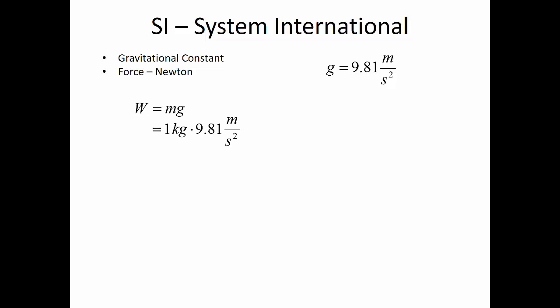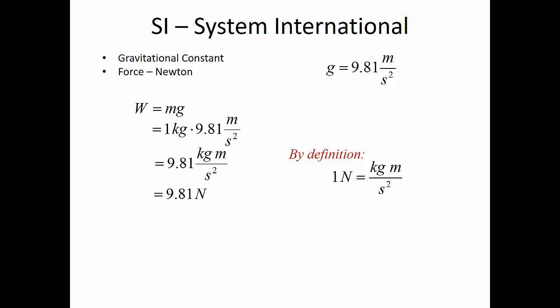If we have a 1 kilogram mass, and we multiply that by the gravitational constant, 9.81 meters per second squared, then we get 9.81 kilograms meters per second squared. But by definition, we know that 1 newton is equal to a kilogram meter per second squared. So we have 9.81 newtons. In other words, a body of mass of 1 kilogram has a weight of 9.81 newtons.